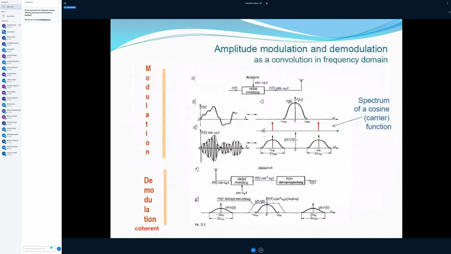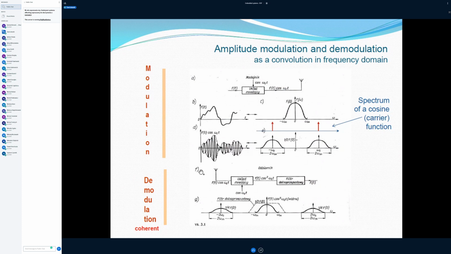And if we want to recover our signal on the receiver side, there are some other methods too, but the most used is coherent demodulation, when you again multiply your modulated signal coming from the transmitter by the same cosine function.